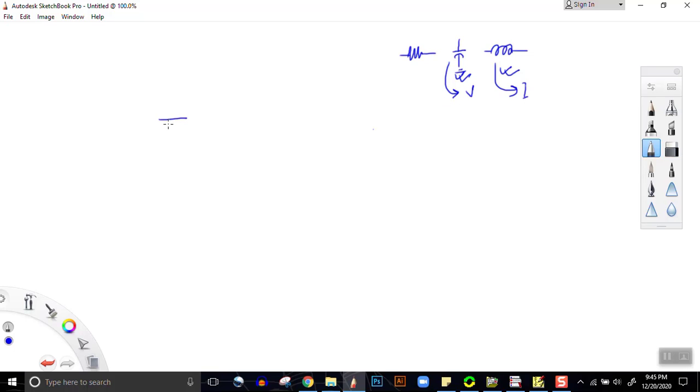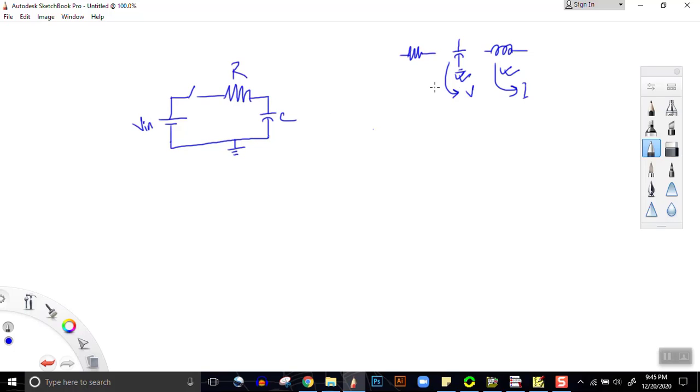Now, since our experiment is regarding RC circuit, let us draw an RC circuit. We have a switch here, we have a resistance here, we have a capacitor here, and this is our ground. So this is our R and this is C. Suppose this voltage is V in.